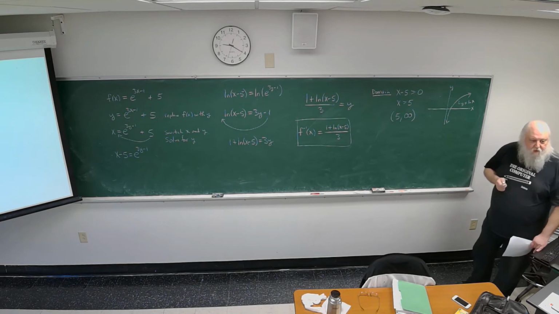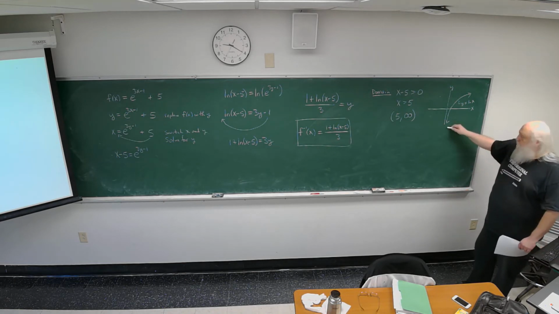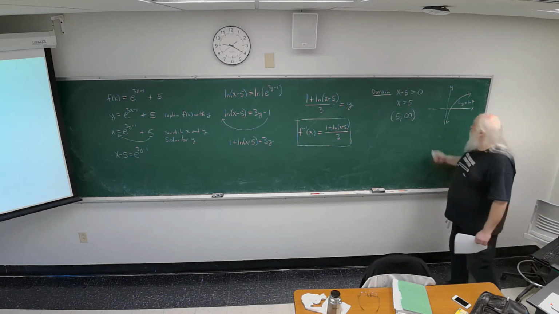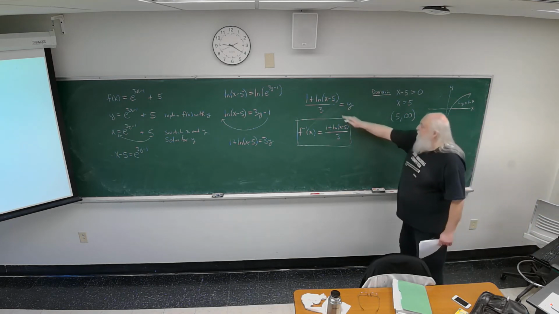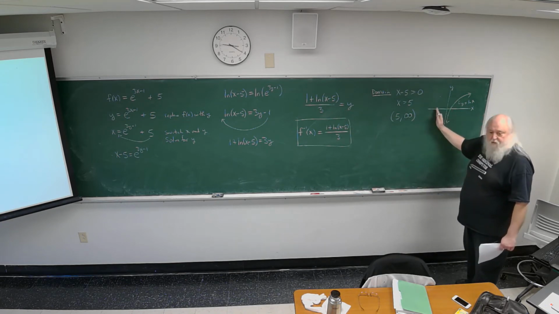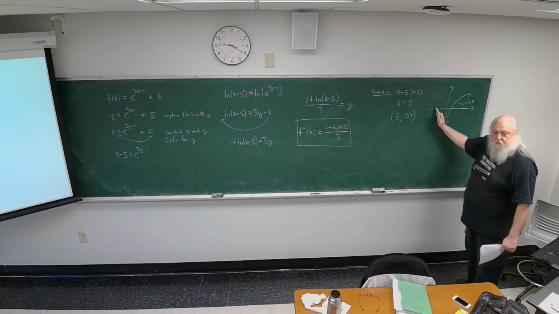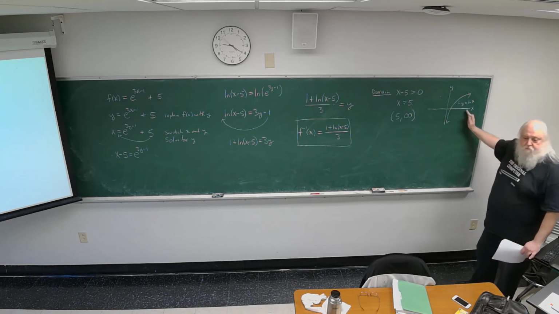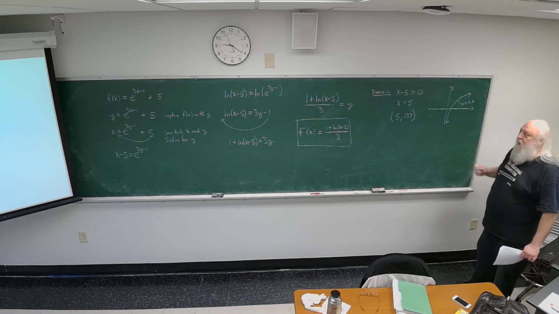Y equals the natural log of x. There's no minimum y coordinate, there's no maximum y coordinate. When you replace x with x minus 5, all that does is shift this graph to the right 5 units. There's still no minimum y coordinate, there's still no maximum y coordinate.